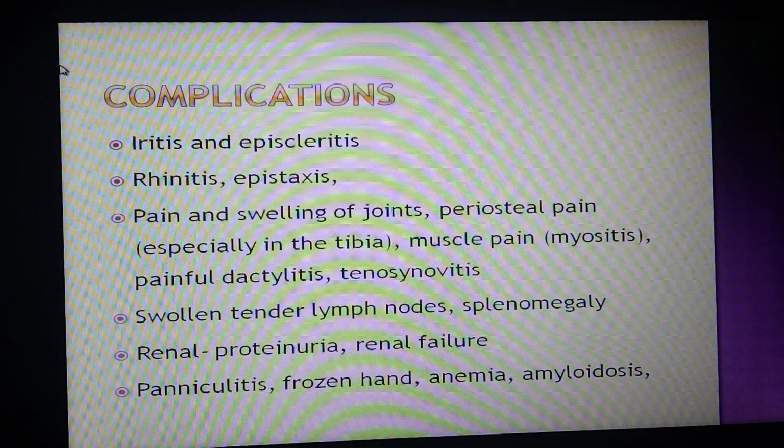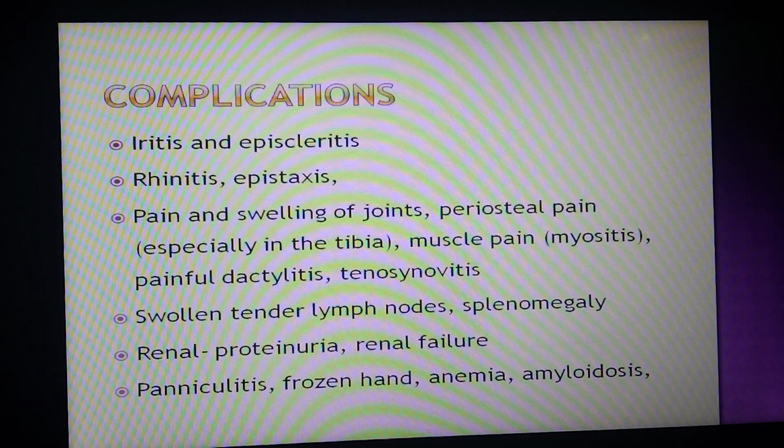Next are the complications: iritis and episcleritis, rhinitis, epistaxis, pain and swelling of joints, and periosteal pain. What is periosteal pain? Especially in the tibia.